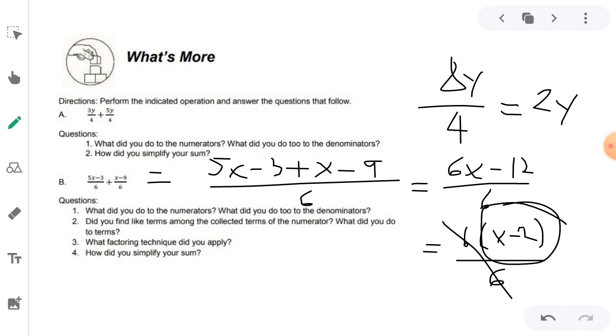Since finactor natin si 6x minus 12, the factoring technique there is factoring greatest common monomial factor, or the GCMF. And then number 4, how did you simplify your sum? Of course, by looking for their GCF of both numerator and denominator, then divide it out.